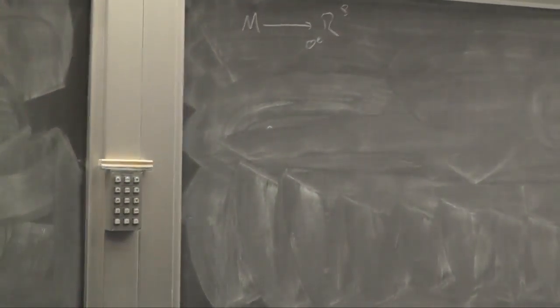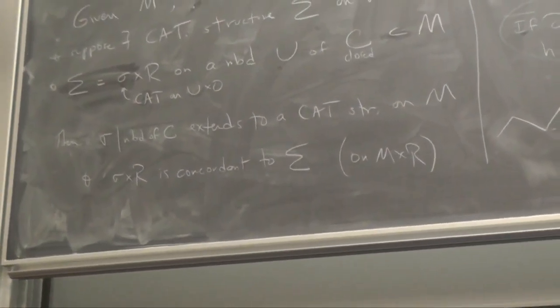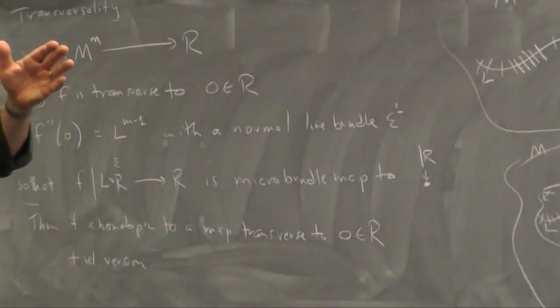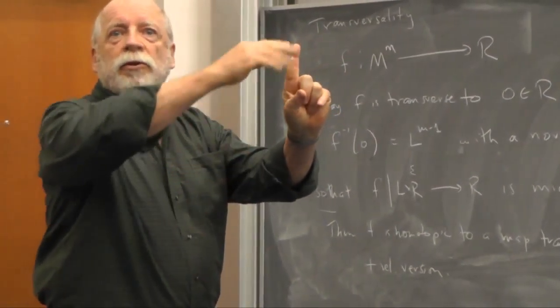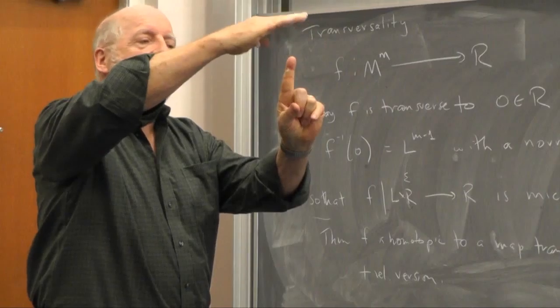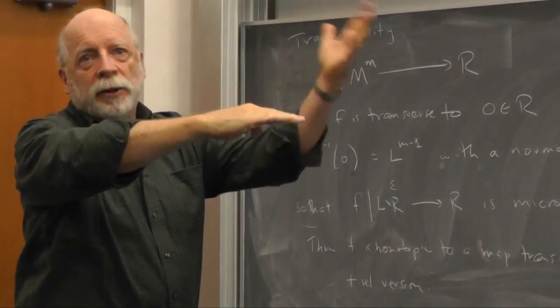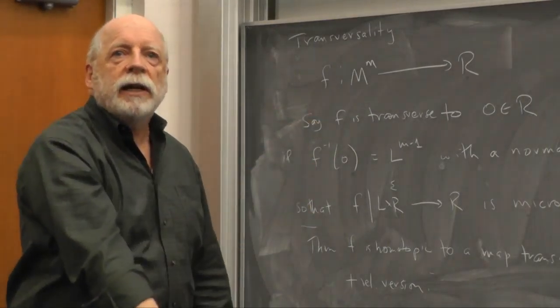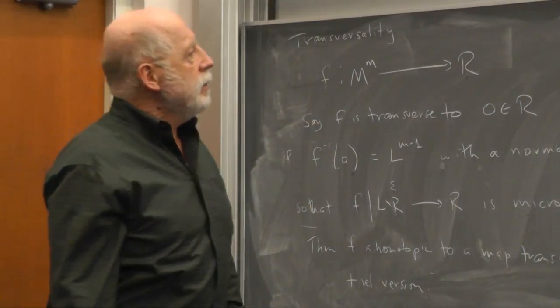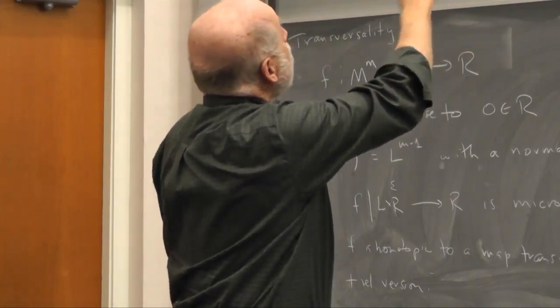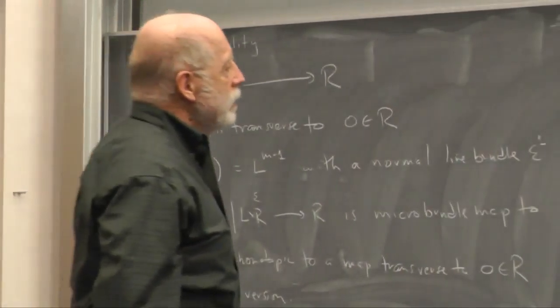Because after all, the product structure theorem works for, well, I didn't state it, but it works for R^s, because if you have R^s, you split off one factor and push this PL or CAT structure down to M cross R^(s-1), and then split off another R and another R until you get down to M. So you have the product structure theorem for a structure on M cross R^s.